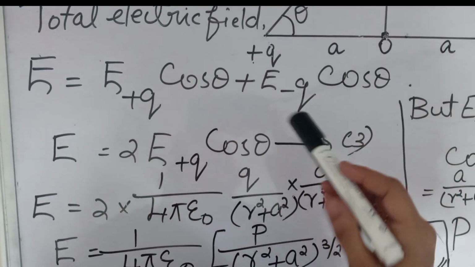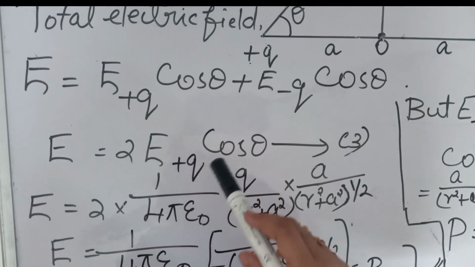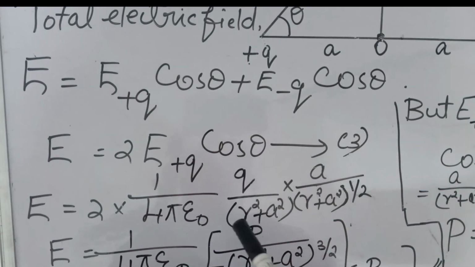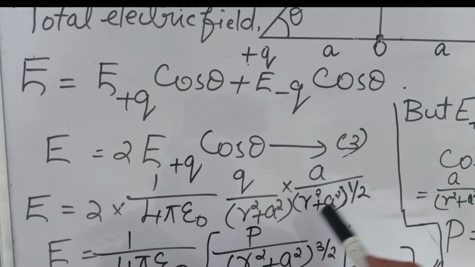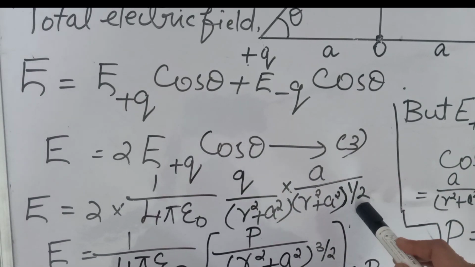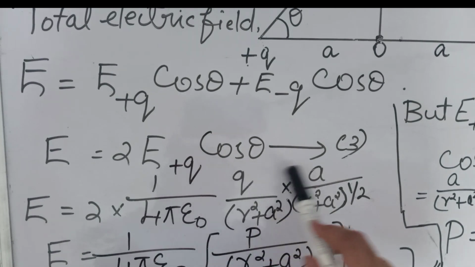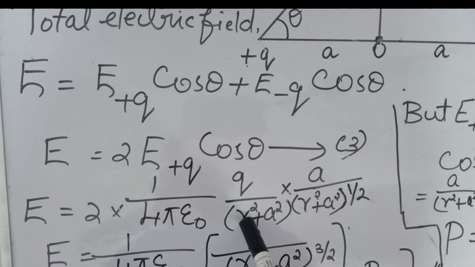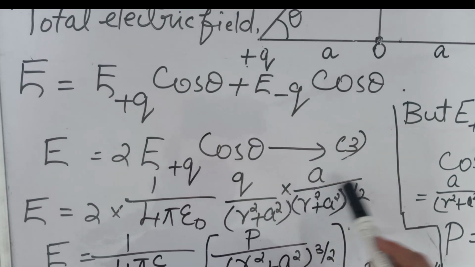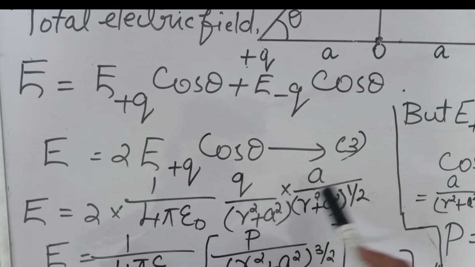Then we can substitute. So 2 into E plus Q is 1 by 4 pi epsilon 0 Q by R square plus A square into cos theta, that is A by R square plus A square whole raised to 1 by 2. Here 2AQ is equal to P, and the denominator will be R square plus A square whole raised to 1 plus 1 by 2, that is 3 by 2.